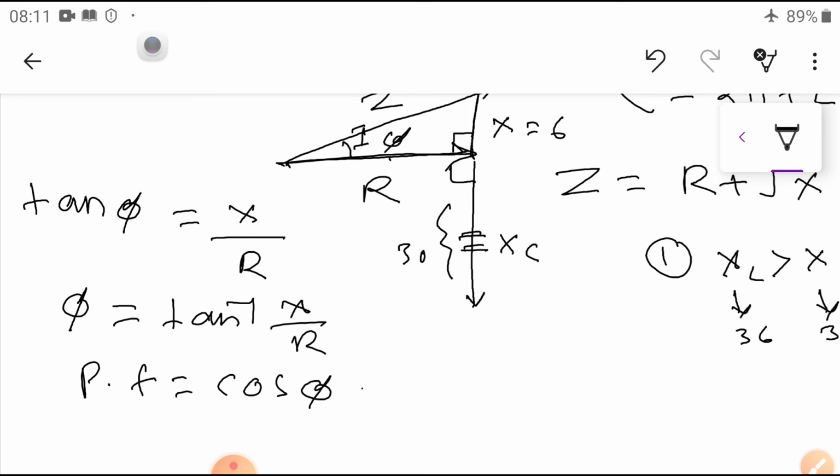So cos φ is equal to R by Z. It is easily calculated. In this case, the power factor will be lagging, because here the inductance value is greater than the capacitor value.